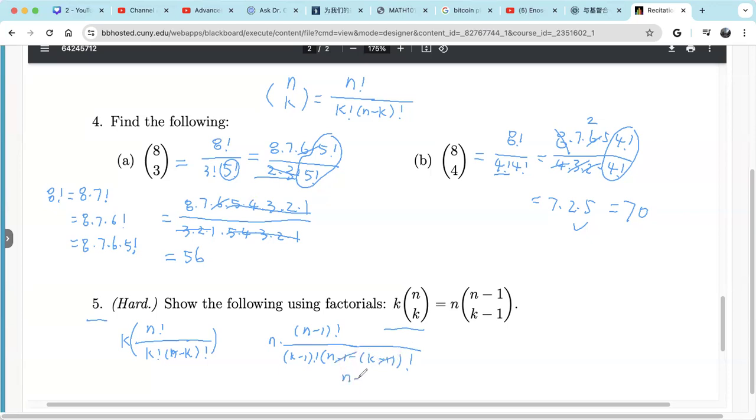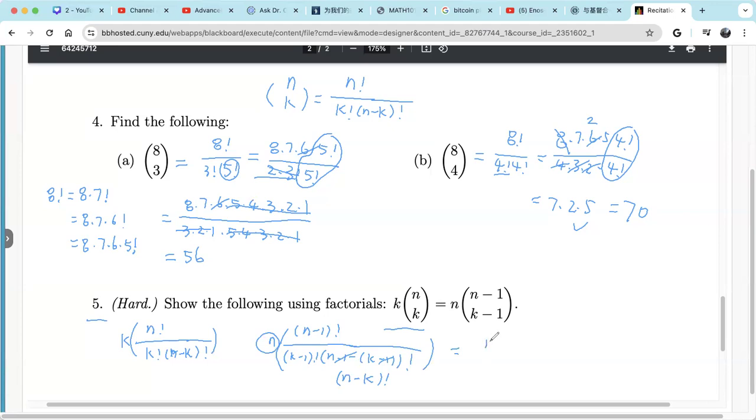So this one becomes n minus k factorial, right? So we have n minus 1 factorial, but we have this n, right? So n times n minus 1 factorial.